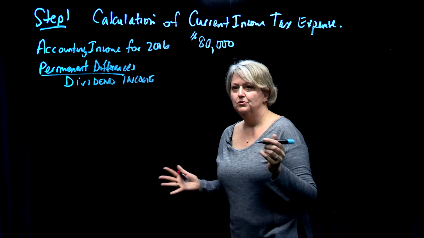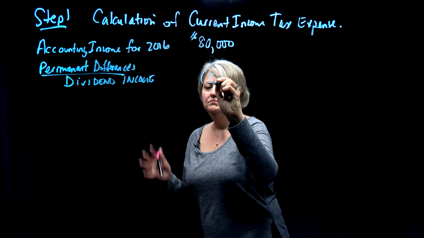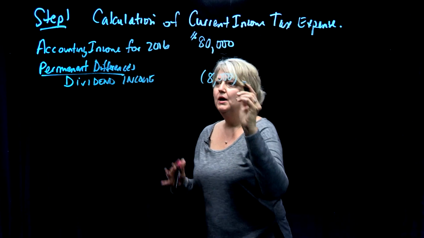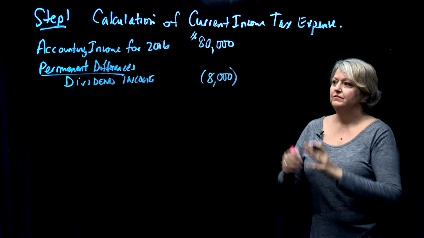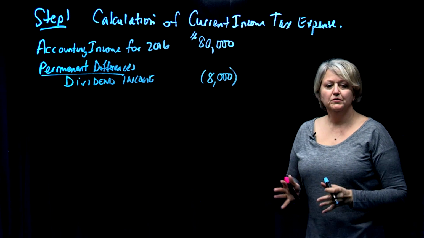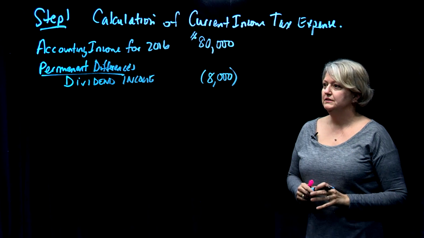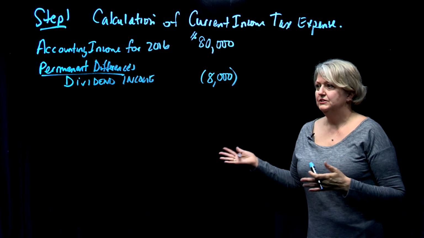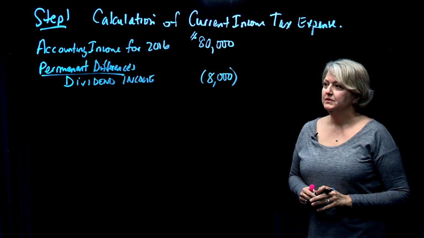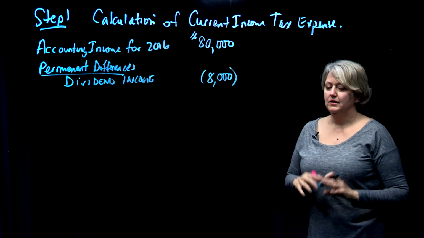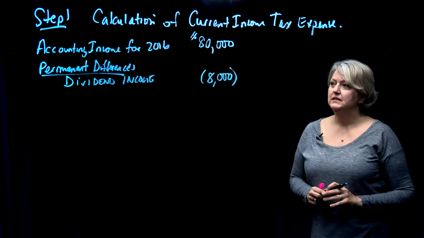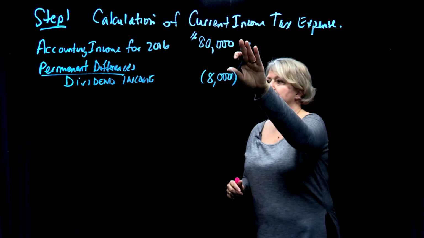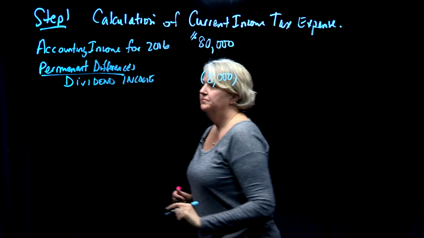The tax laws say we don't have to pay tax on that. I could get into a long explanation of why, but the fact is the tax law says we don't have to pay tax on that $8,000 because it's already been taxed in the corporation that paid the dividend. So we subtract that from the accounting income to lower how much we're going to have to pay tax on this year, because we don't have to pay tax on the $8,000 anymore.